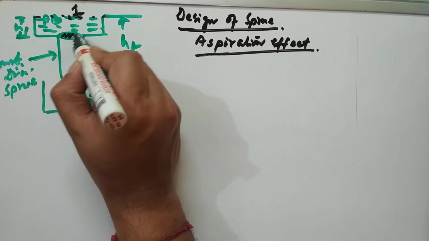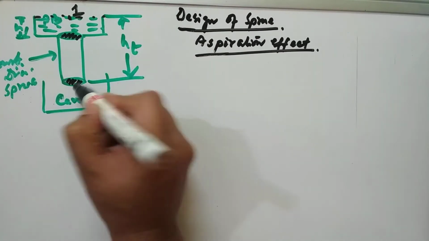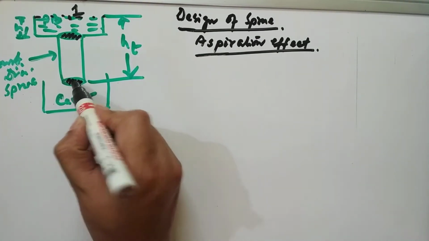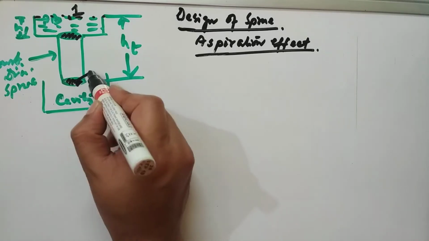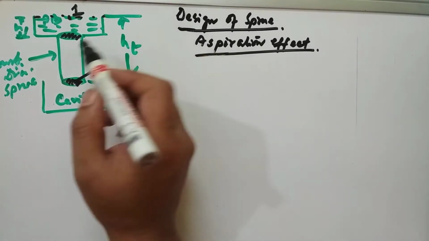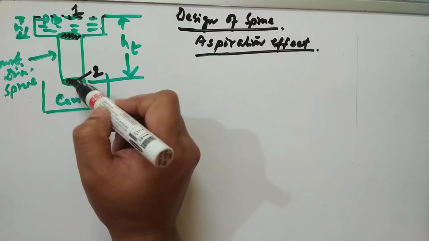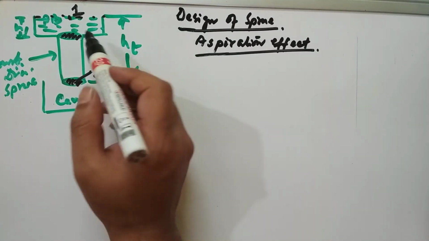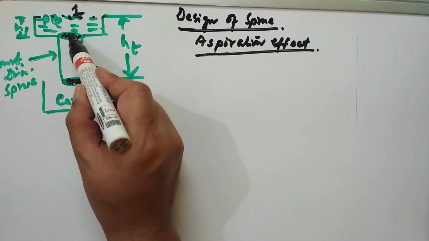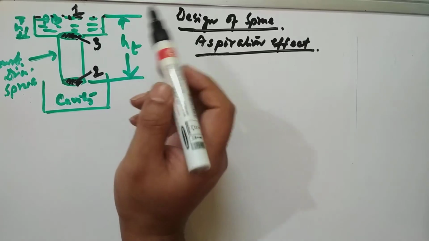Next, you choose the last point of the sprue, this point, as point 2, and it is also known as the gate. And this point where the sprue started, you can mark as 3 as well.